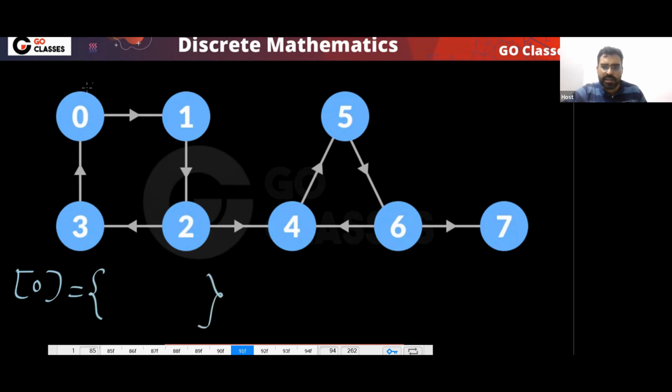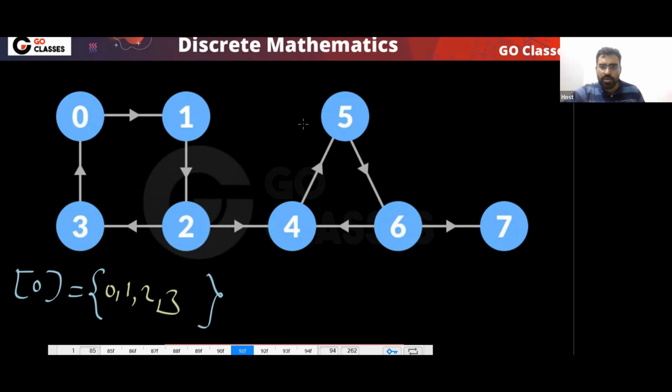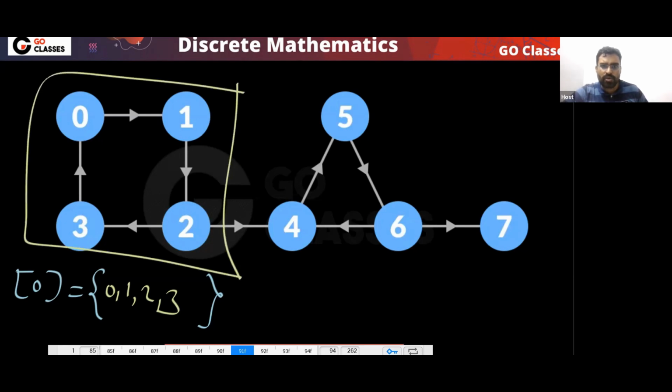That will be 0, 1, 2, 3, because there is a cycle. And you can notice that nothing else. So this is the strongly connected component we got.